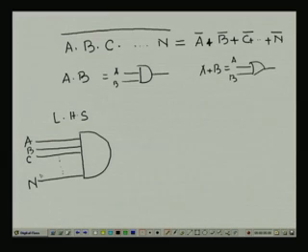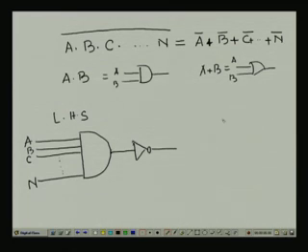So, this is an n input AND gate. Then the output is inverted. So, I put one inverter here. So, this is the logic circuit of the Boolean expression represented by the left hand side.